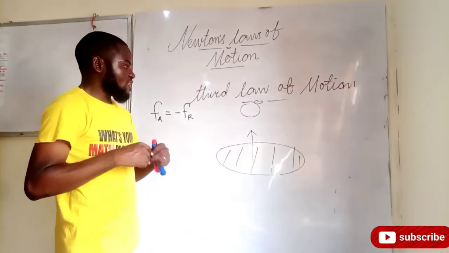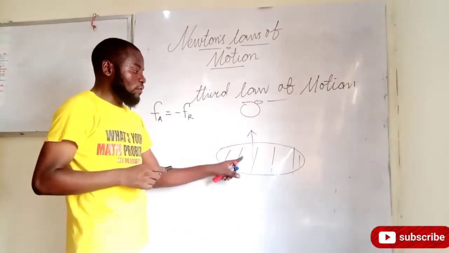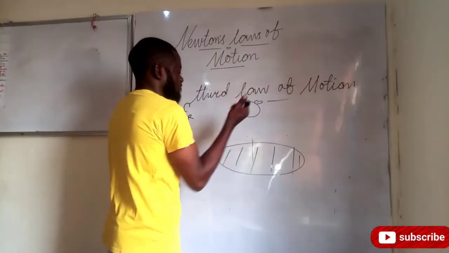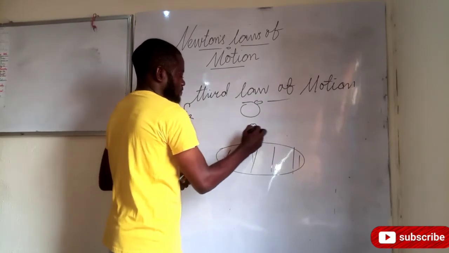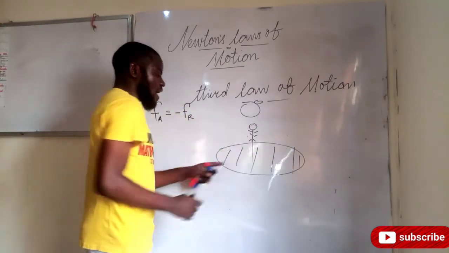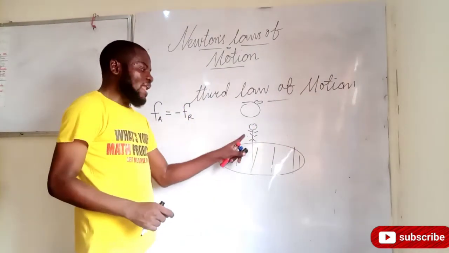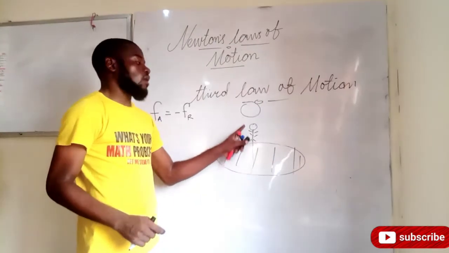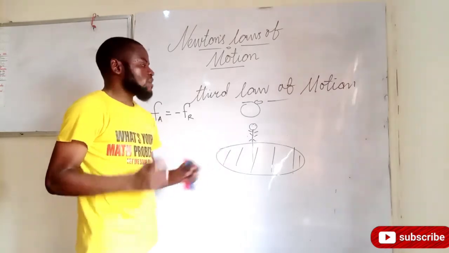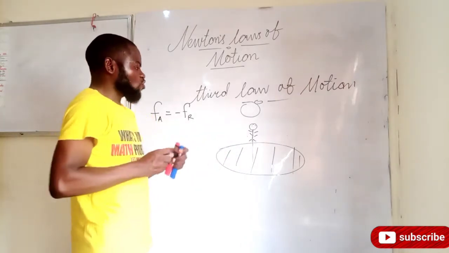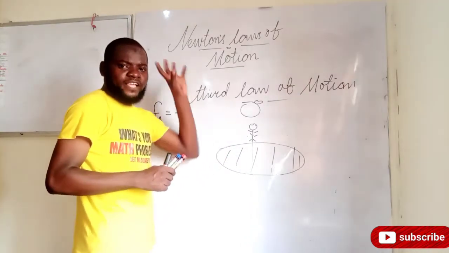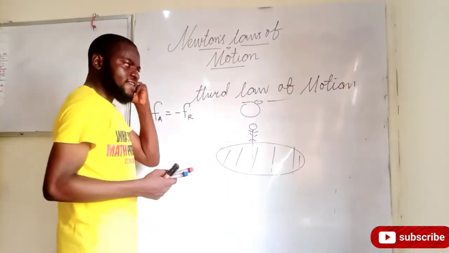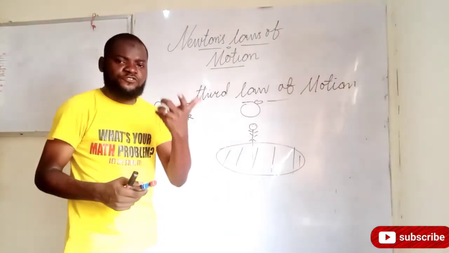Get me clear? Let me say this is myself, and this is a pool here. It's not like I'm inside the pool. I'm in between the pool and the object outside the pool. So actually, I'm in between the two. Now, my aim is to throw a ball such that after throwing the ball, I'm going to fall inside the pool. And the question now is, in what direction can I throw the ball?